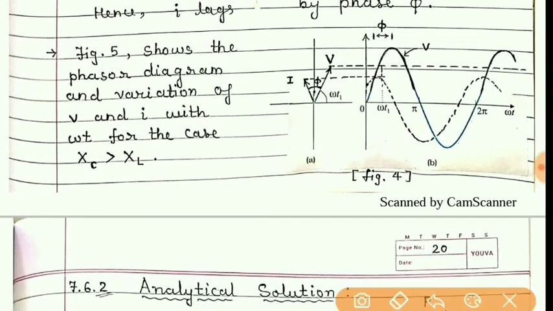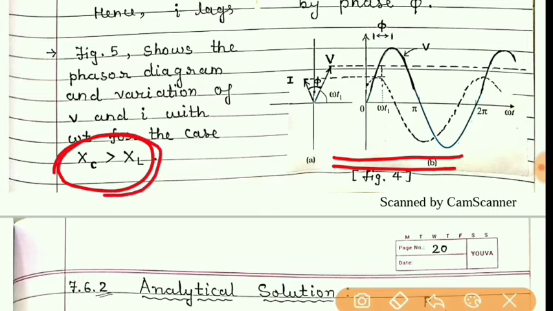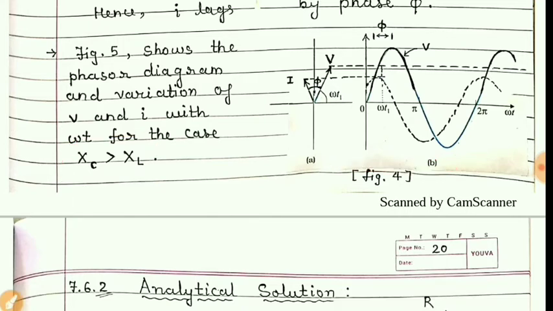So this figure shows the condition when Xc is greater than XL. Students, I hope you understood the first method of obtaining I and phi, that is the phasor diagram solution.